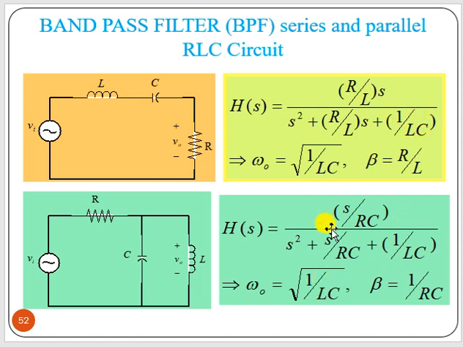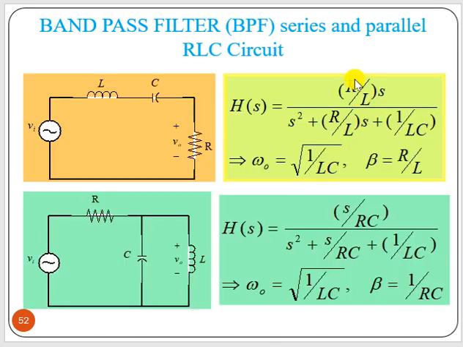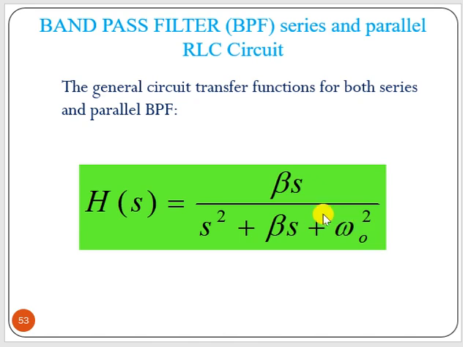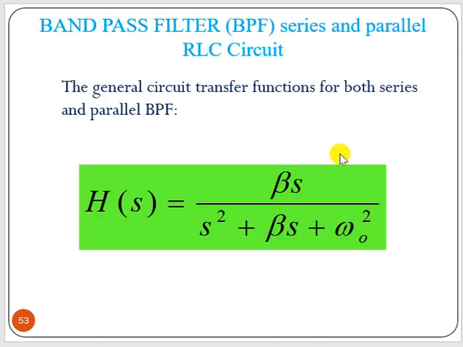So we can write the equation with beta equal to R by L for the series RLC circuit, and for the parallel circuit we have 1 by RC. So that is beta S divided by S square plus beta S plus omega 0 square. This is your general transfer function for a band pass filter.